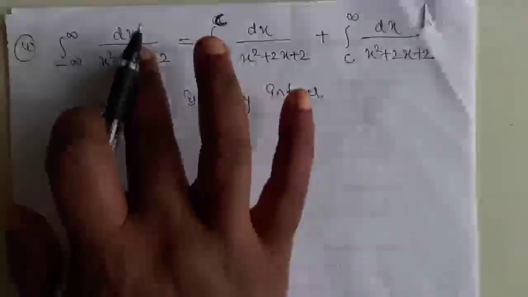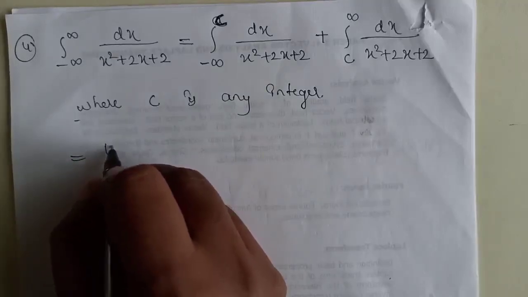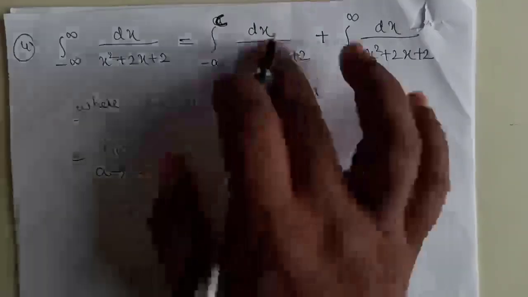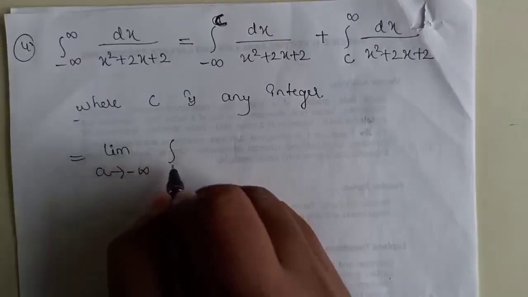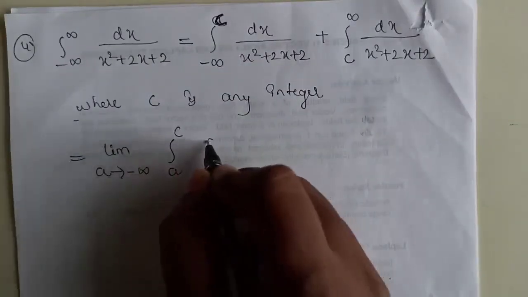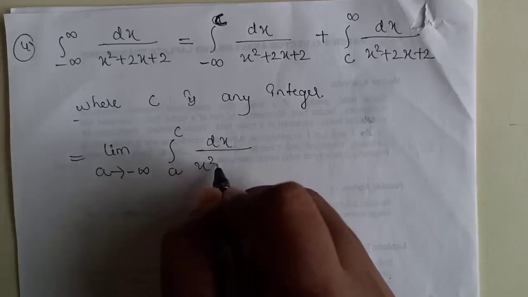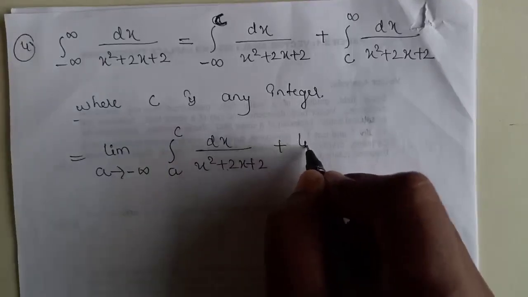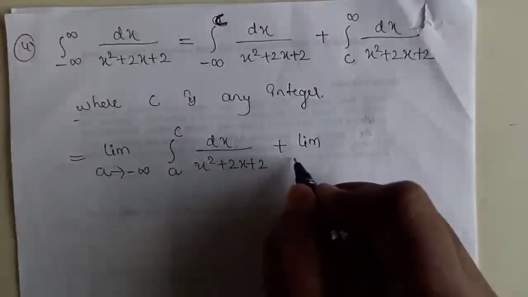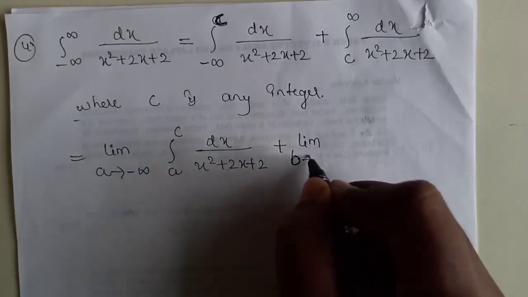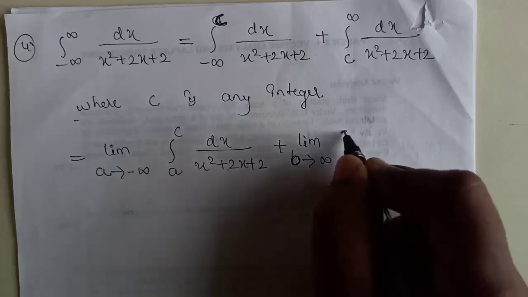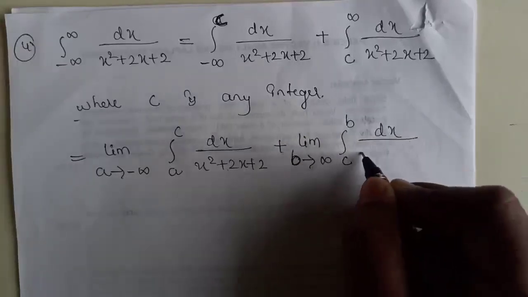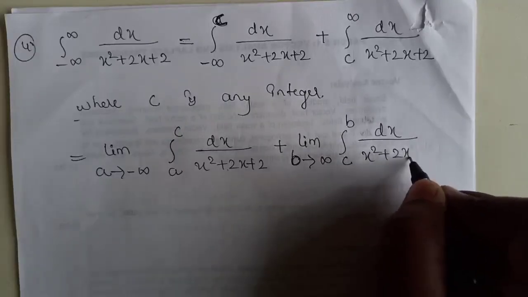So therefore this given integral can be written as, I will choose a tends to minus infinity for this integral, the integral from a to c of dx divided by x square plus 2x plus 2, plus the limit for this integral b tends to infinity, the integral from c to b of dx divided by x square plus 2x plus 2.